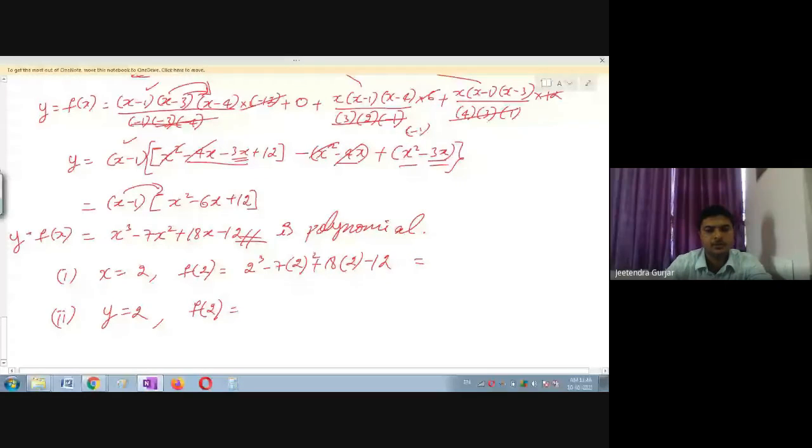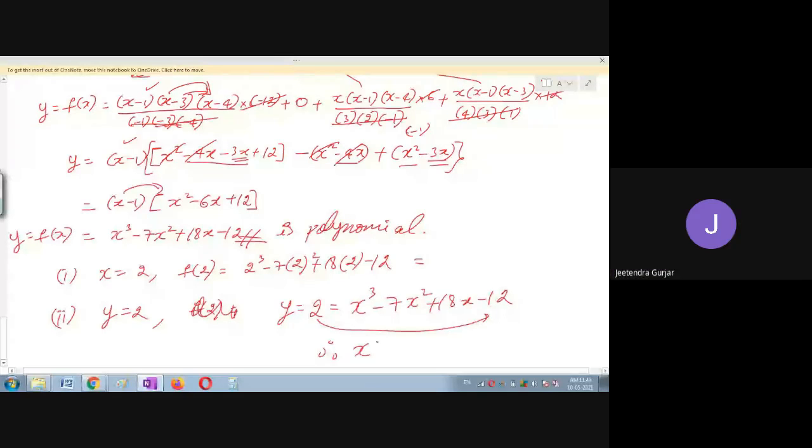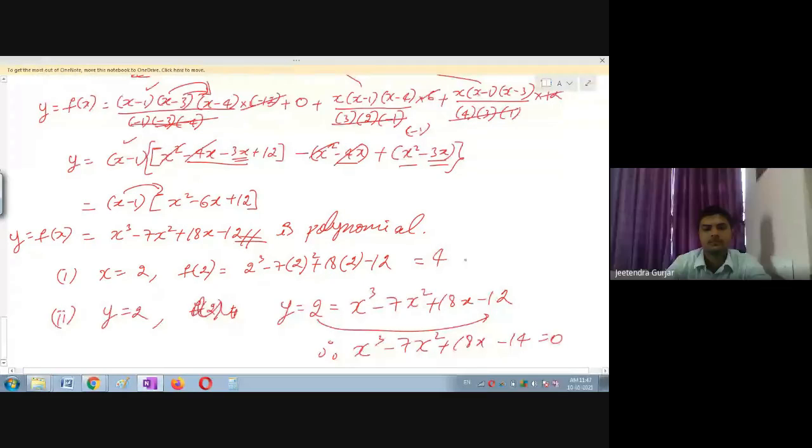So you cannot take this value. You will be taking like this: 2 is equal to x cube minus 7x square plus 18x minus 12. Suppose y is given, this is our y. Okay. So 2 I will take this side. Therefore the equation will be x cube minus 7x square plus 18x minus 12 minus 2, which will be minus 14, is equal to 0, and just simplify, you will get here 4.